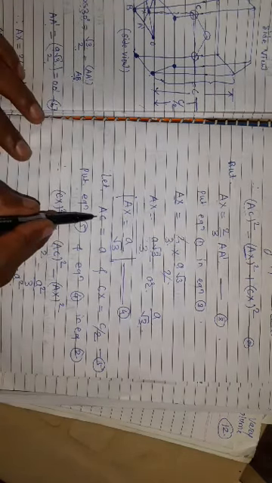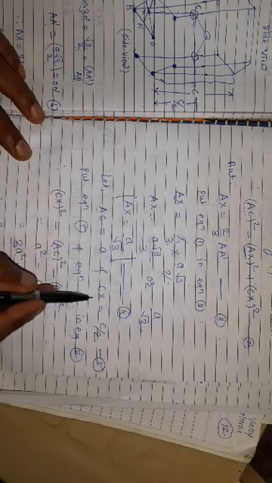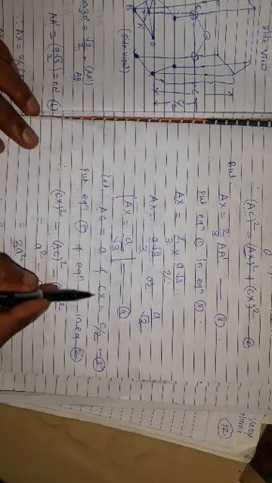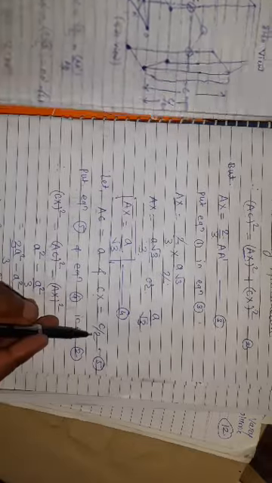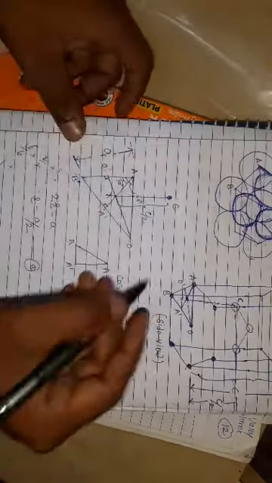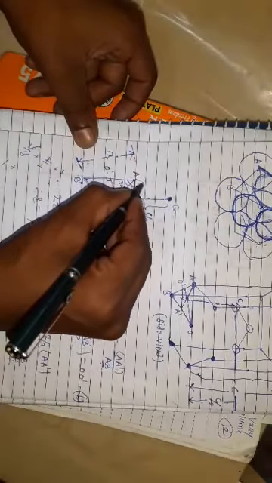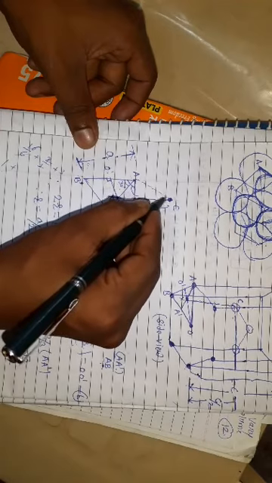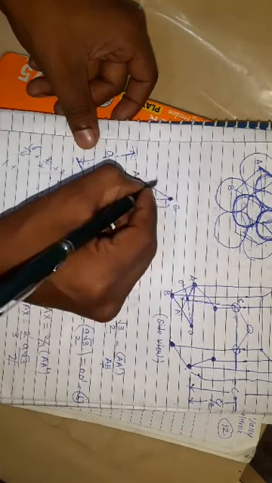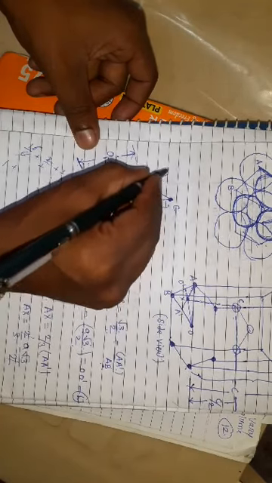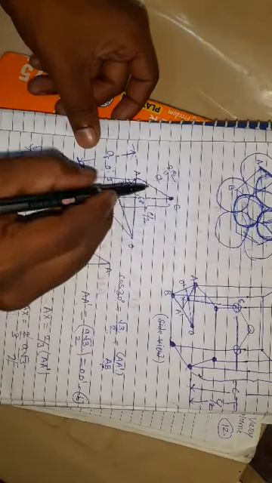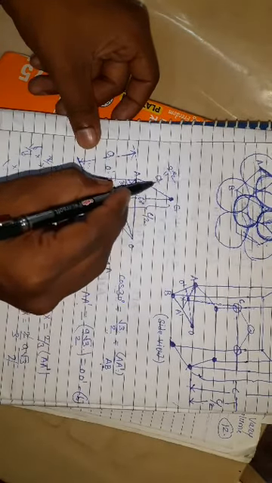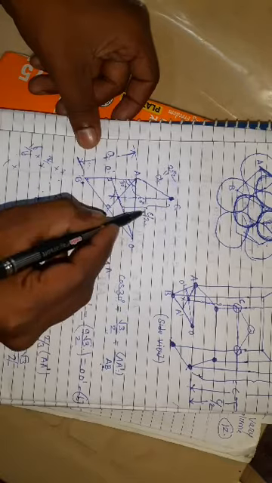AC is already known, that is A, and CX is already known, that is C by 2. Actually this is the A or 2R, means AC is equal to A and CX is equal to C by 2.